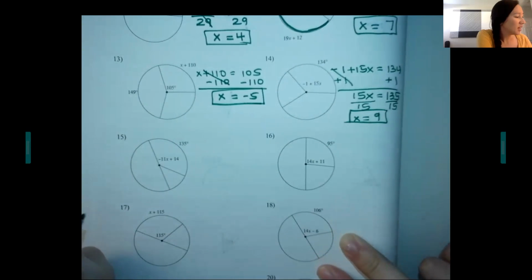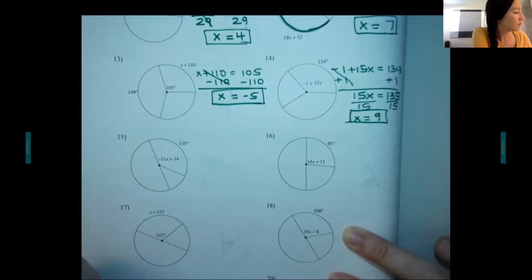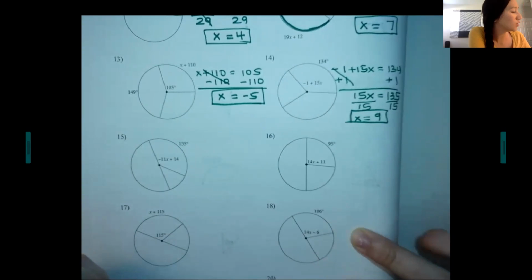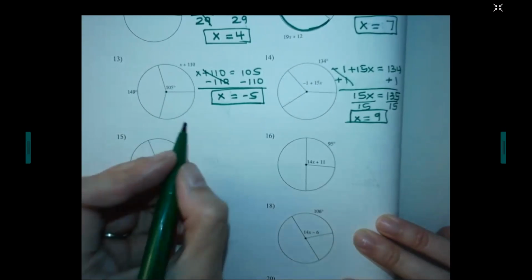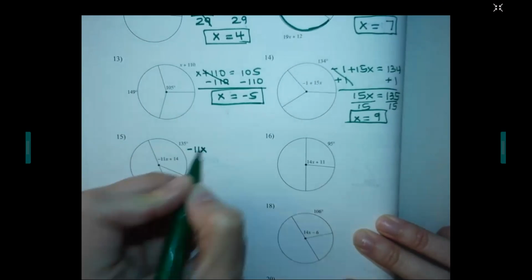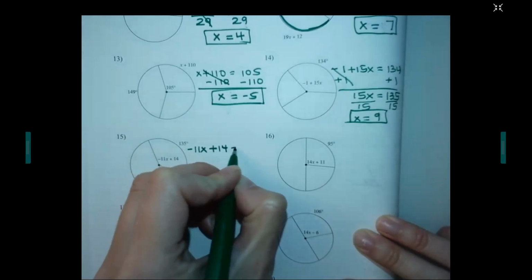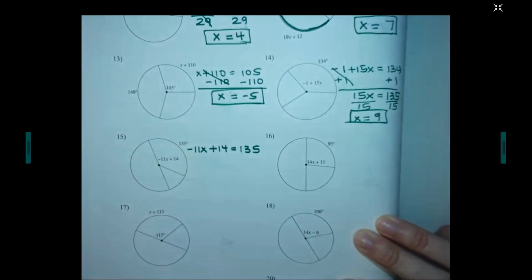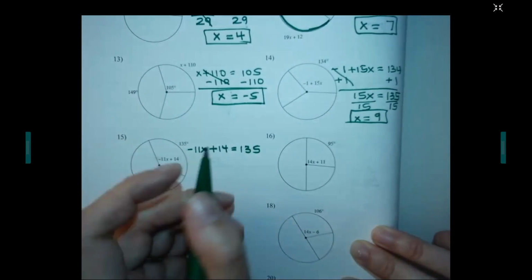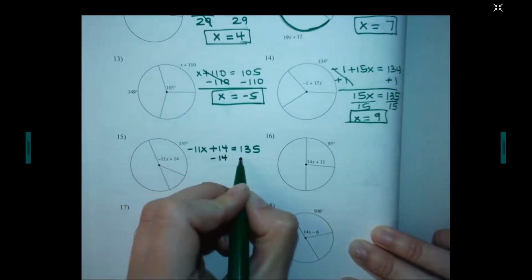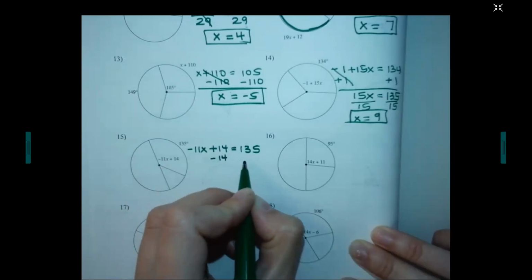All right, Jaden, number 15. What was your equation and then how did you solve it? Okay, so for the equation, I got 11x plus 14 equals 135. Okay, very good. I subtracted 14 from both sides, from 14 and 135.